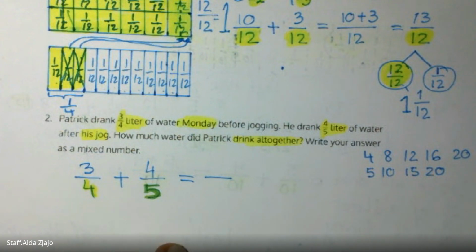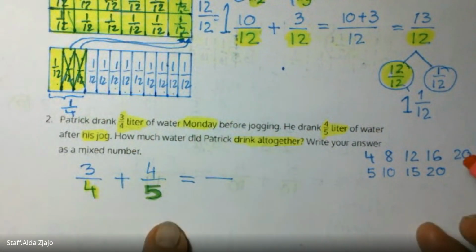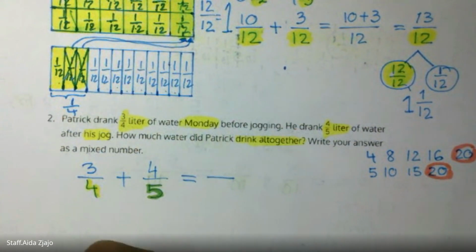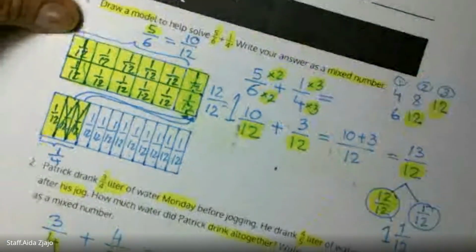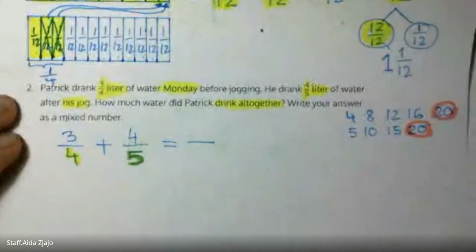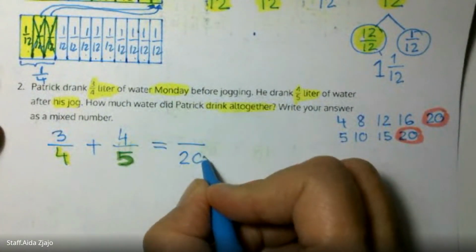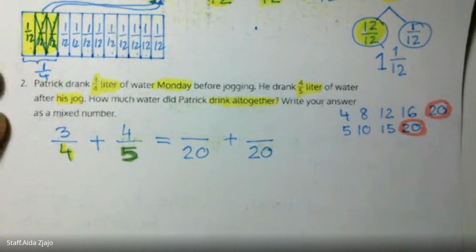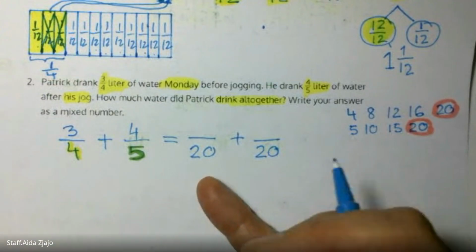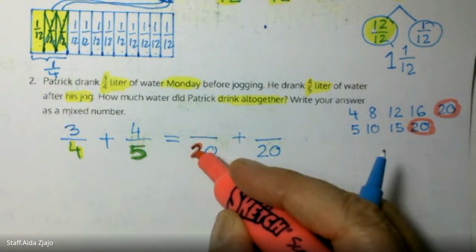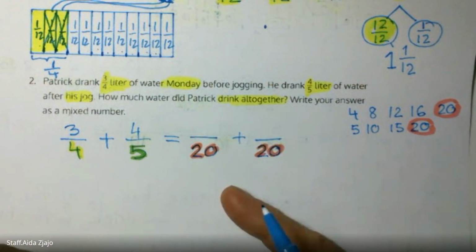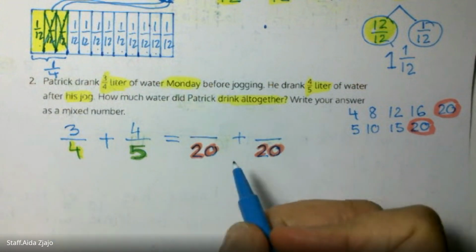We can change both fractions, both denominators, into 20th pieces. So we need to have 20 on the bottom. That's what we need to use. So now we're going to think how we can get 20ths. What do we need to do in order to make 20ths?